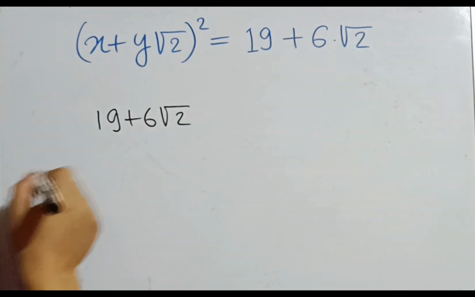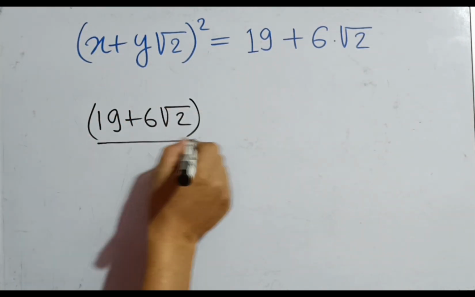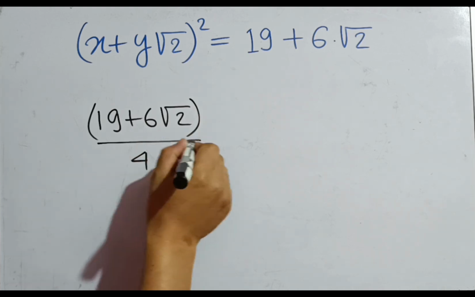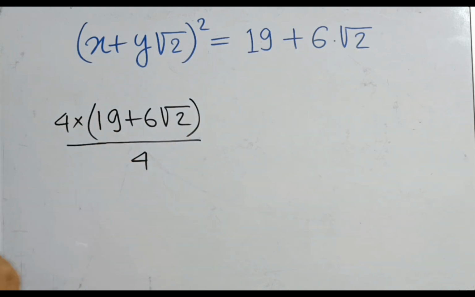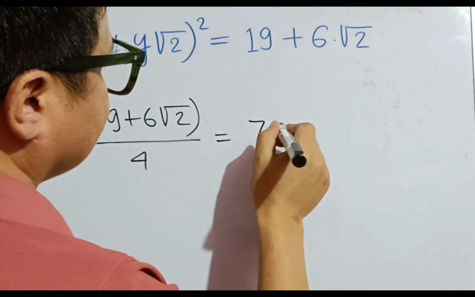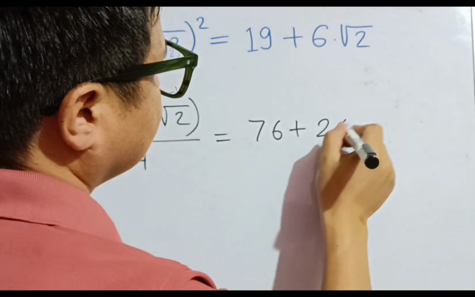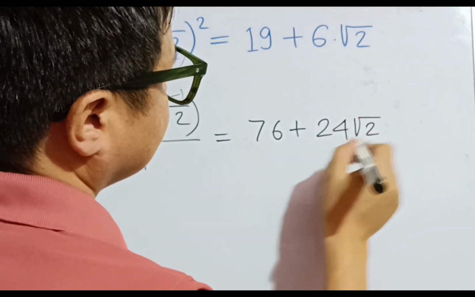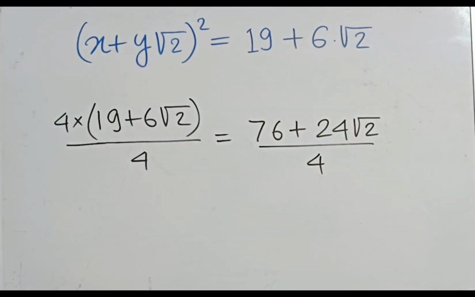Now we can multiply the number by 4 and divide the result by 4. By doing so, we get 4 into 19, 76, plus 4 into 6, 24√2 in the numerator, and in the denominator there is 4.